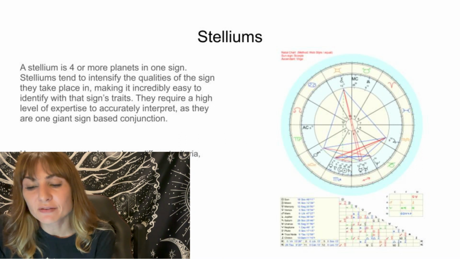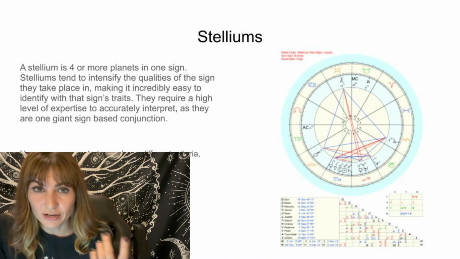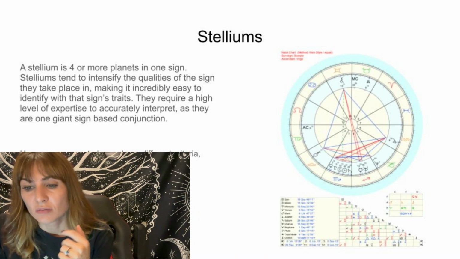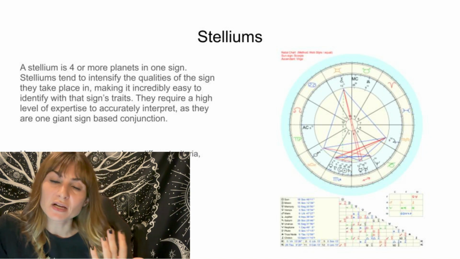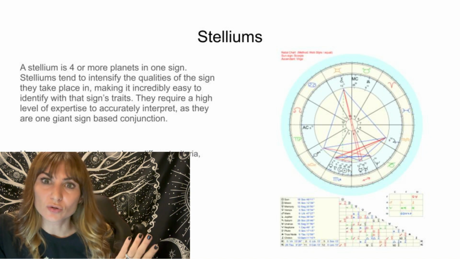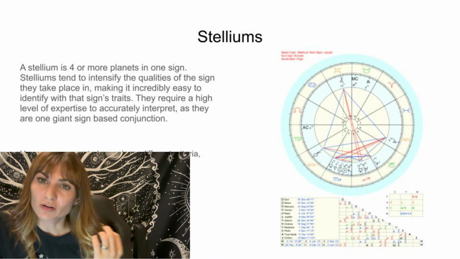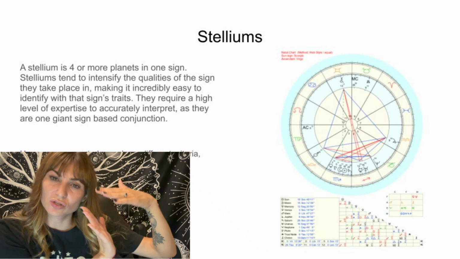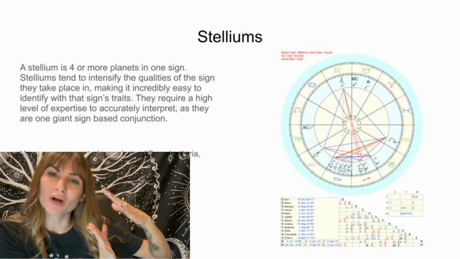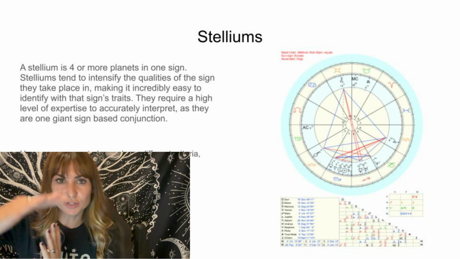Stelliums intensify the qualities of the sign they take place in, and the house, if they're all in the same house. Mine's all in the same house. You won't see that often. It's because my ascendant is at 0 degrees. If you see a very early or very late ascendant, this is more probable, because the house cusps are more in line with the actual signs.